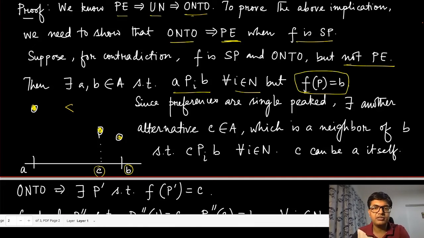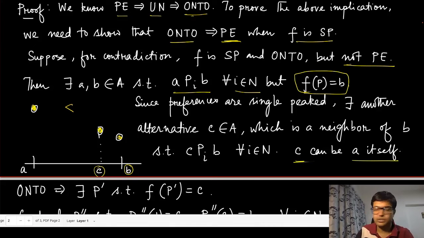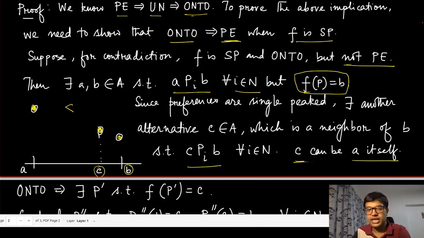C is a neighboring alternative of B, and that also is strictly preferred over B. And here we are only considering discrete alternatives, so it's not continuous. So in particular, C can be A itself. That is also feasible. If A and B are neighbors, then our job becomes a little easier. But in general, there could always be a C which is strictly preferred over B, and that is not only for agent i, it should be for every agent, because for every agent the preference is single peaked.